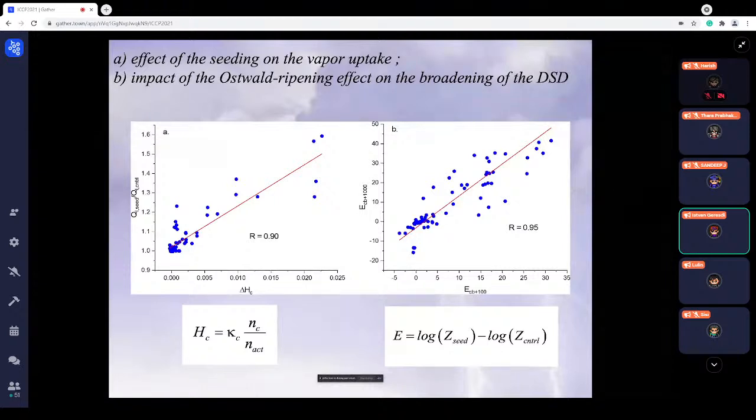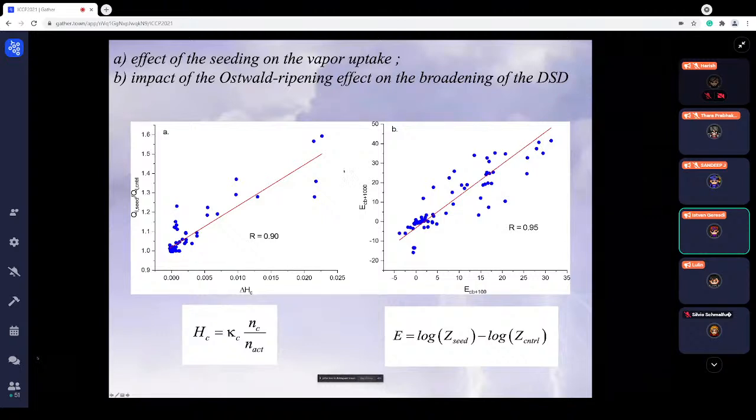Here you can see how we try to estimate the impact of the seeding. We introduced 2 parameters. H_C describes the impact of the coarse particles. N_C is the concentration of coarse particles, kappa_C is the hygroscopicity of the coarse particles, and N_X is the number concentration of the activated aerosol particles.